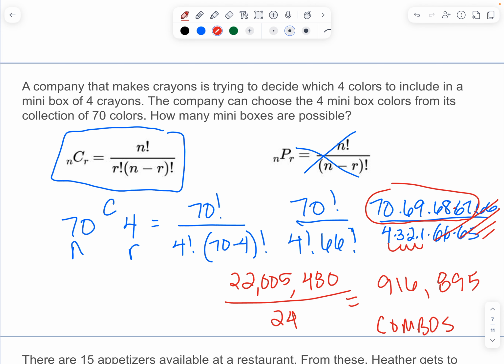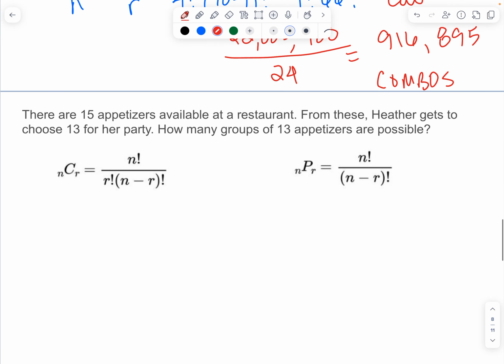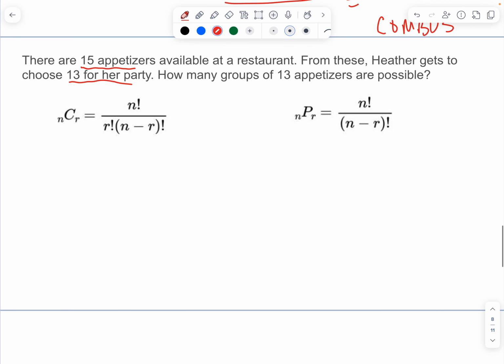All right, let's go on to a restaurant. We've got Heather, and looks like she's having a party, and she checks out this restaurant that offers 15 appetizers. I guess her deal is she gets to choose 13 for her party, and they're looking for how many groups of 13 appetizers are possible. Again, order does not seem to matter.